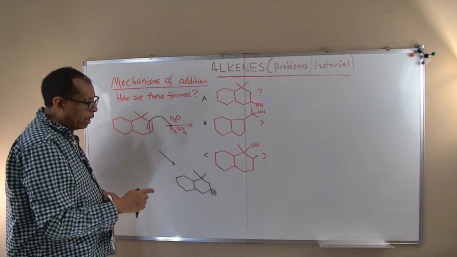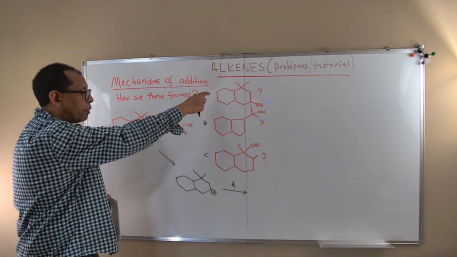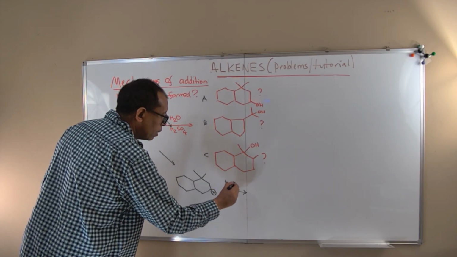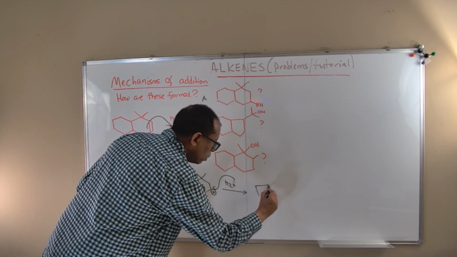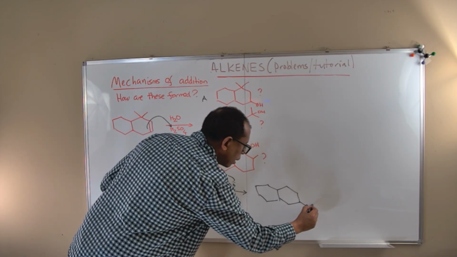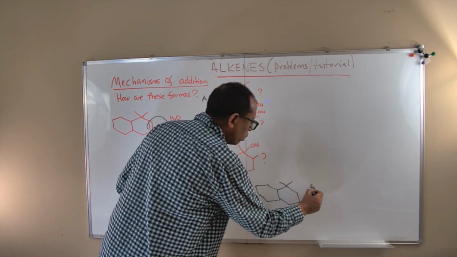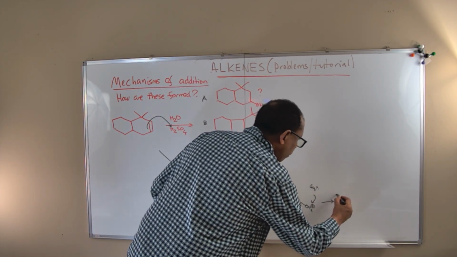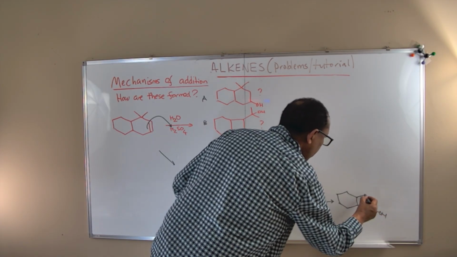For example, in terms of how you get A, H2O would attack directly with no rearrangement to get the OH2 plus, and then you get a free hydroxide, OH right there, like this.